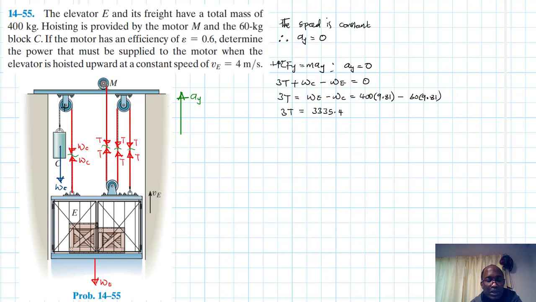So I'll need to explain something here. When we look at the connection of the cables here, you realize that the motor is connected to these cables, right? These three cables. While this weight is not connected to the motor.